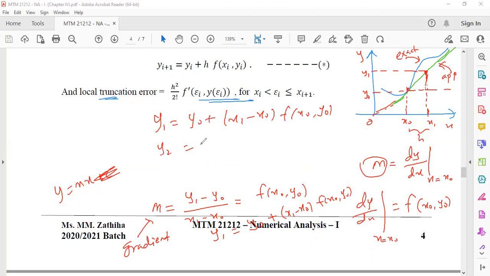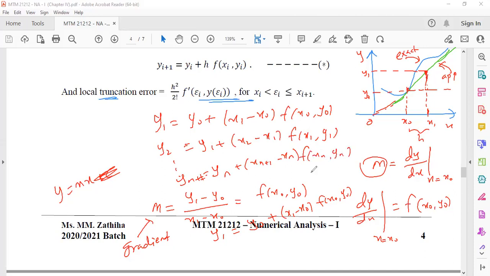It is again y1 plus (x2 minus x1) f(x1, y1). Similarly, I can write up to y_{n+1} is equal to y_n plus (x_{n+1} minus x_n) f(x_n, y_n).